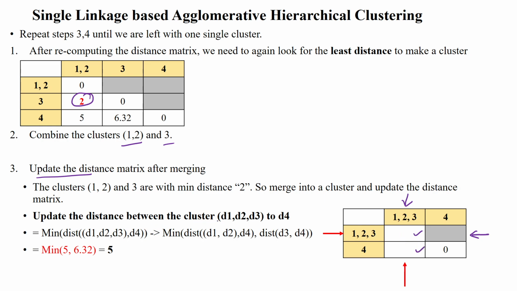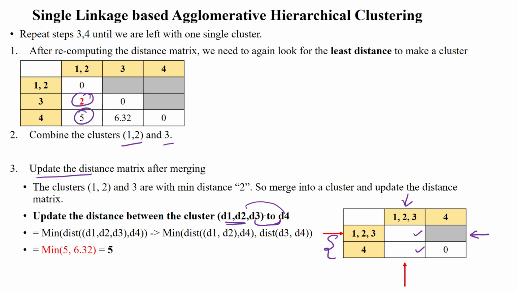When you are updating D1 comma D2, look at that. Here we have to identify the distance from D1, 2, 3 to 4. For that we have to identify the minimum distance between D1 comma D2 comma D4. So these two to D4 and D3 to D4. D1 comma D2 to D4 is here 5.